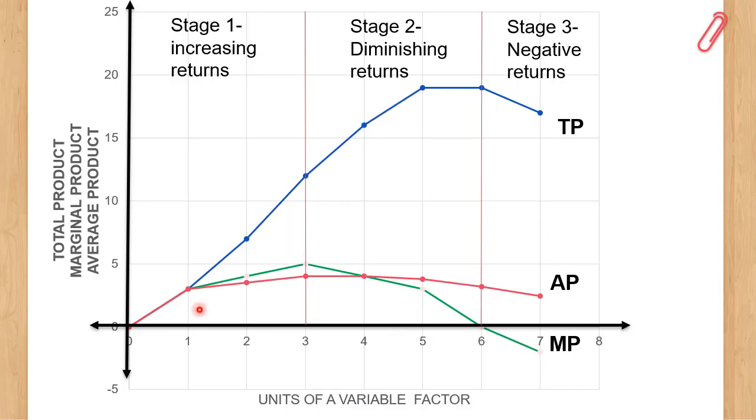You can see the green curve is the marginal product curve, and the one shown in red is the average product. Throughout this stage, the marginal product is greater than the average product, and in the next stage the marginal product cuts the average product curve from above.